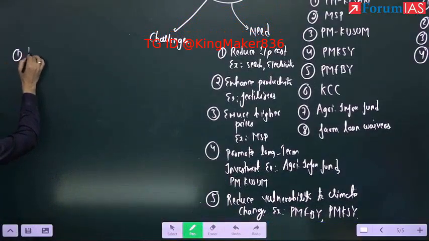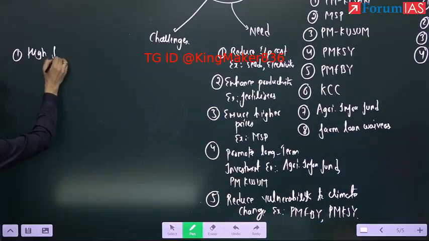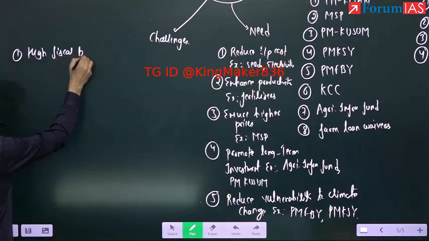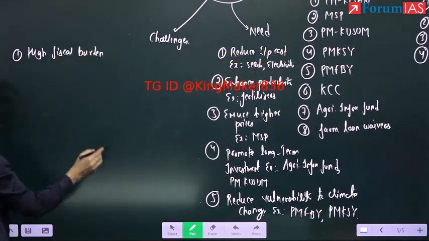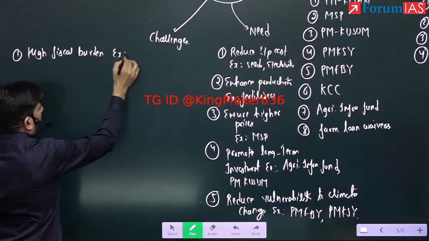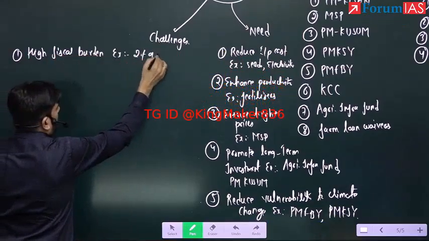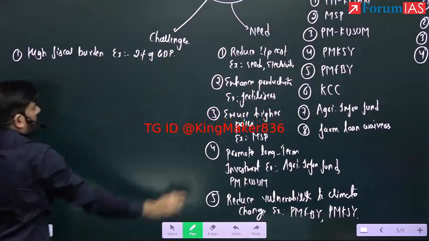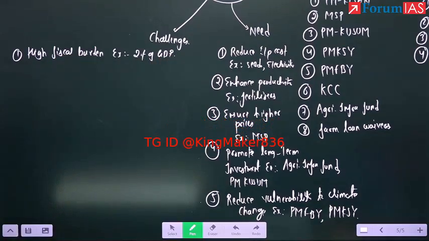it has high fiscal burden. High fiscal burden, example we discussed, it is almost 2% of our GDP. Burden is very high.